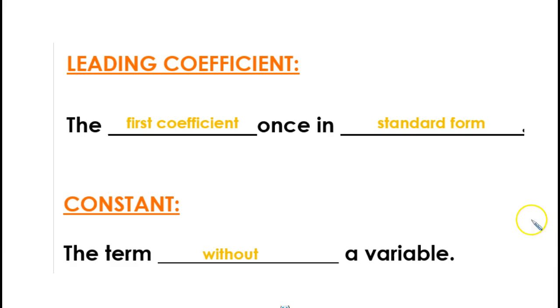Leading coefficients are going to be important. The leading coefficient is the first coefficient, the number in front of the variable once it's in standard form. So if I have 2x squared minus 3x plus 5, which is in standard form, the leading coefficient is the number in front of the x squared, which is a 2.